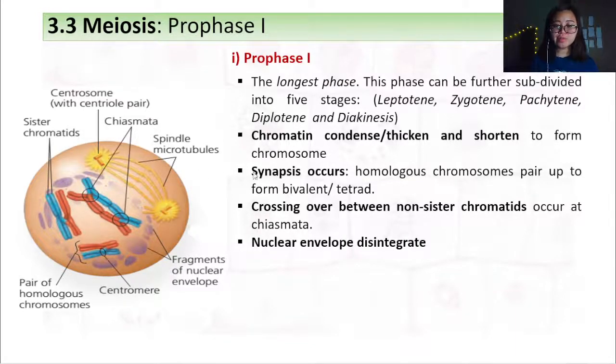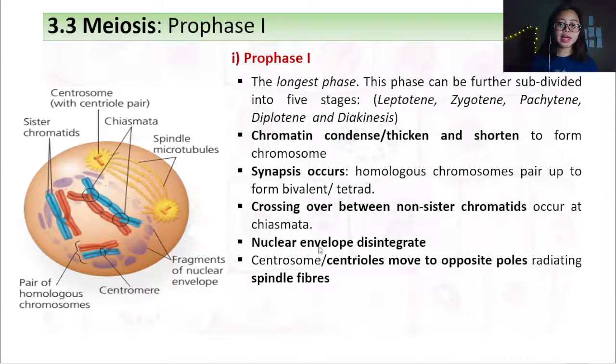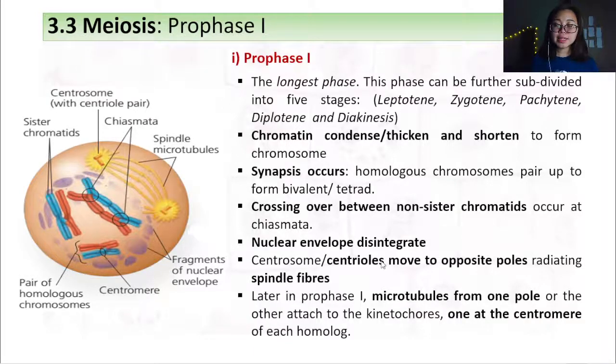Nuclear envelope disintegrates. So, nuclear envelope akan terburai. And centrosome or centrioles move to opposite poles, radiating spindle fibers or synthesizing, growing spindle fibers. Later in prophase 1, microtubules from one pole or the other attach to the kinetochores, one at the centromere of each homolog.